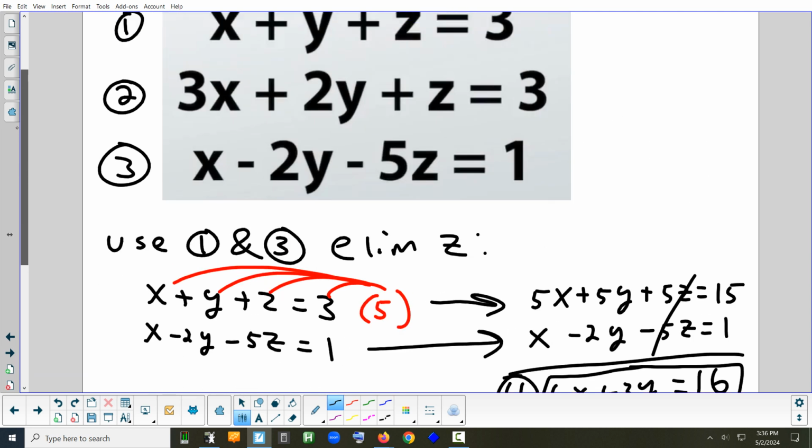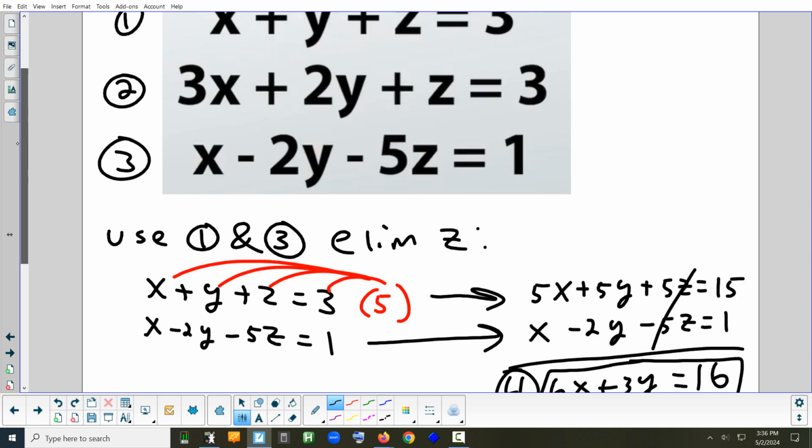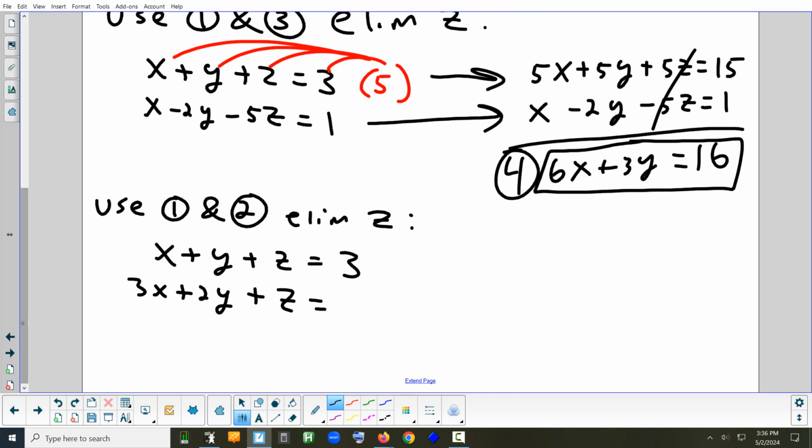2 is 3x plus 2y plus z, equals, what was it equal to? 3. What are we going to multiply by to make the z's cancel? You can multiply the first one by -1.